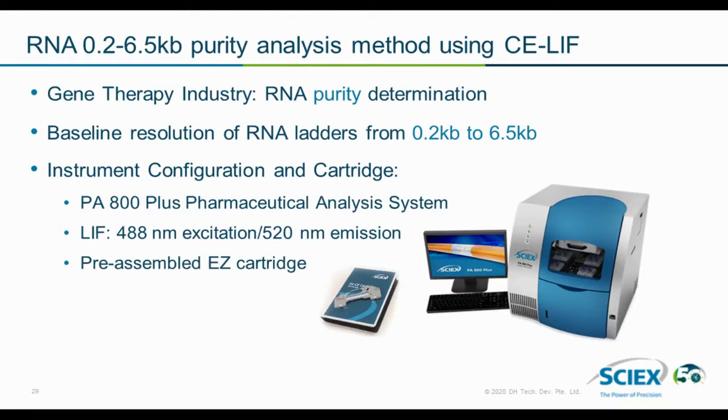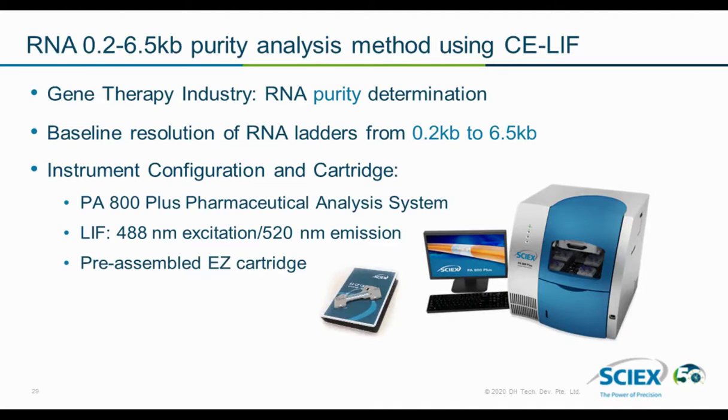If you're using single-stranded molecules like RNA, you use dyes like SYBR Green to label the RNA, and if you're using double-stranded, you would use intercalating dyes like those for the DNA molecule to label up the molecule for detection by laser-induced fluorescence. But to be honest, it's not just biopharma manufacturers working in RNA, it's also the gene therapy industry that is now using CE for RNA purity determination.